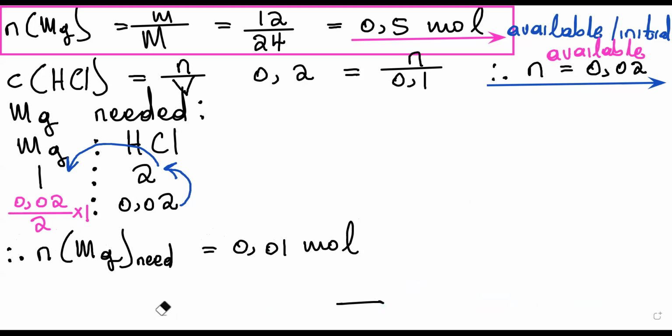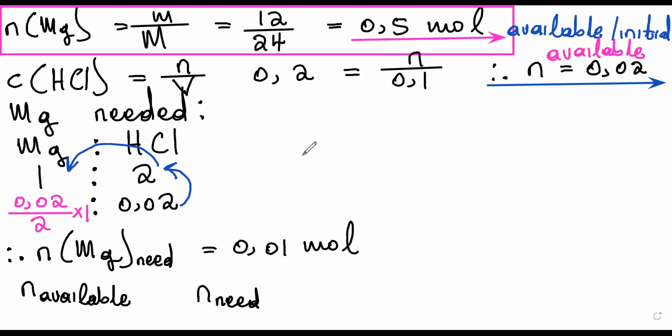After finding the moles of magnesium that are needed, the next step is to compare this with the number of moles that are available at the start of the reaction. And of course, the moment I say compare, you think of the inequality signs, or the equal sign for that matter.